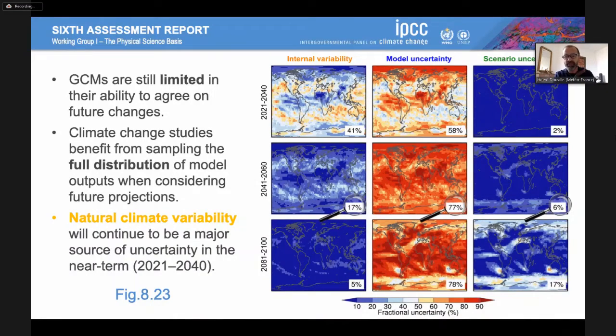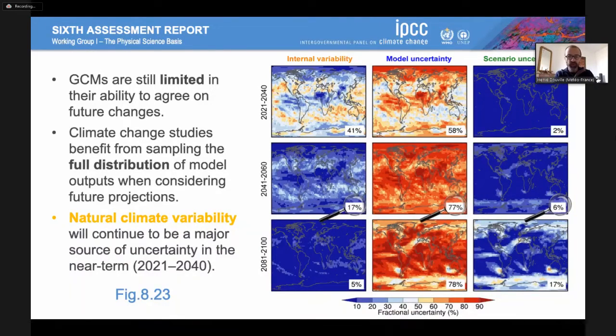For instance, in the top panels, in the near term, uncertainties are dominated by both internal variability and model response uncertainty, while precipitation changes are not much sensitive to the emission scenario, which highlights the need for urgent and careful adaptation.